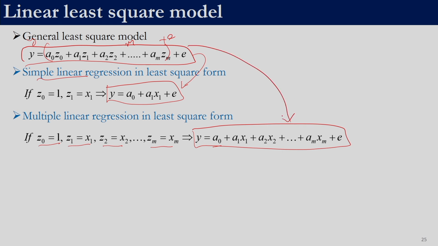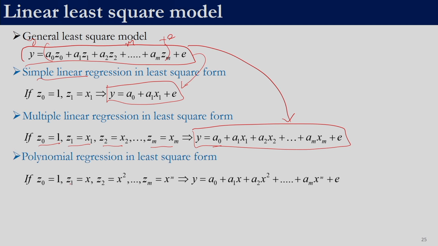And similarly, polynomial regression can also be represented by this one, with z0 equal to 1, z1 is equal to x, and then we require x square over here. So, z2 is equal to x square all the way up to zm is equal to xm.